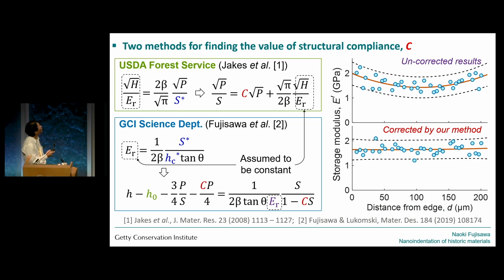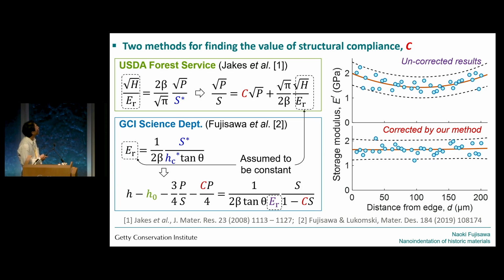The one method, proposed by Jakes and his colleagues, assumes the ratio of the square root of contact pressure to modulus remains constant with depth. Whereas our model is based only on a constant modulus with depth. There are some reasons why we are adopting this assumption that I will touch on later.